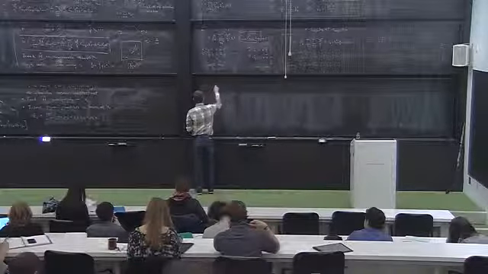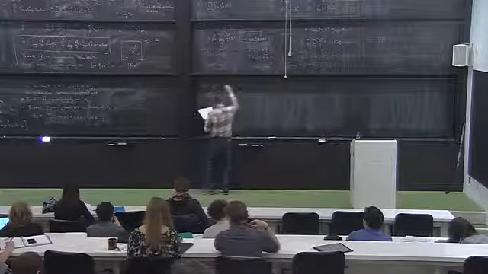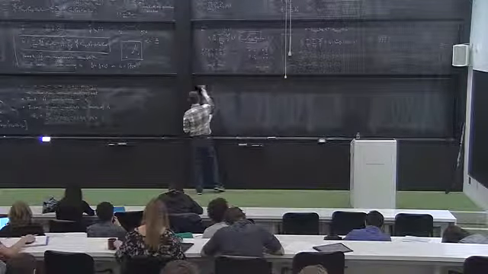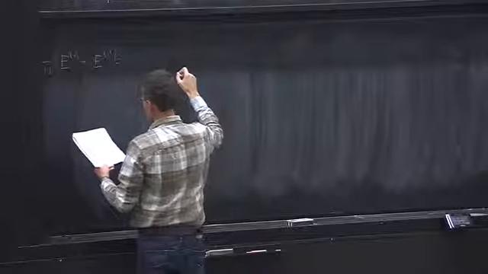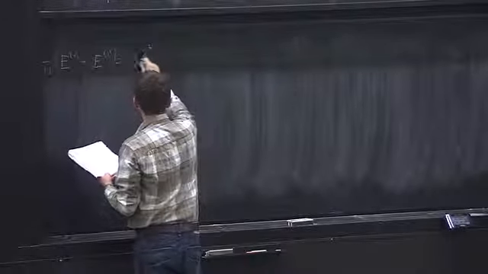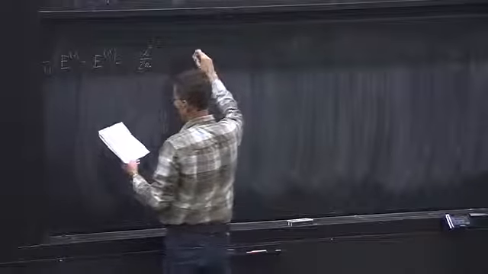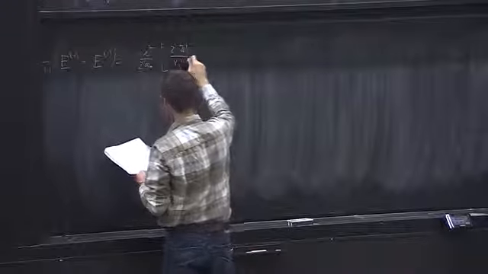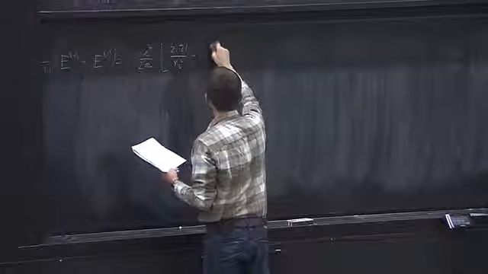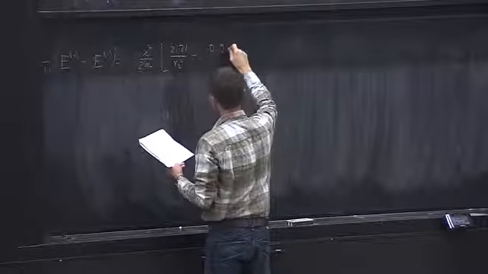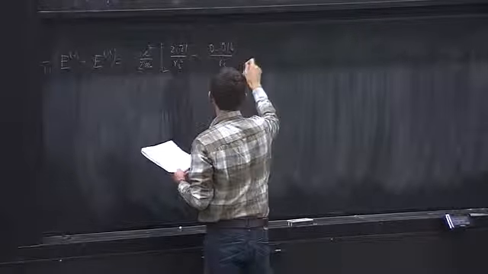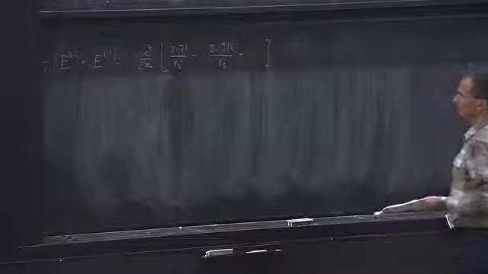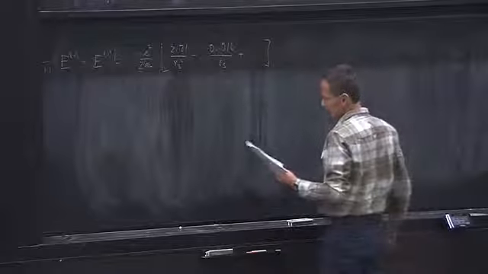E0 plus E1 is equal to, and I want to divide this by n, so this is energy per particle, e squared over 2a naught, times 2.21 divided by rs squared minus 0.916 divided by rs. And then there would be additional terms coming from higher order perturbative expansion.